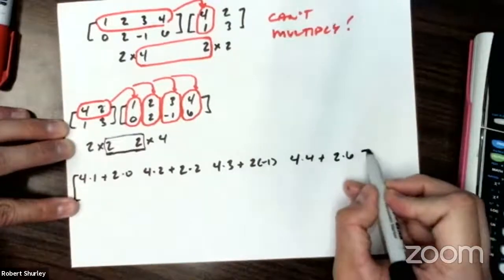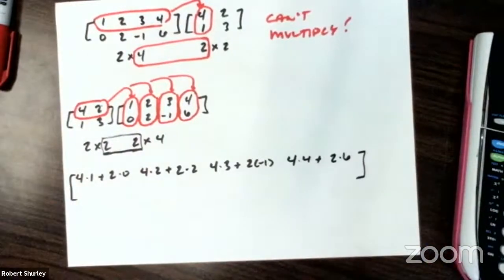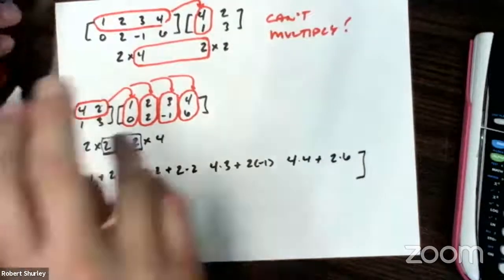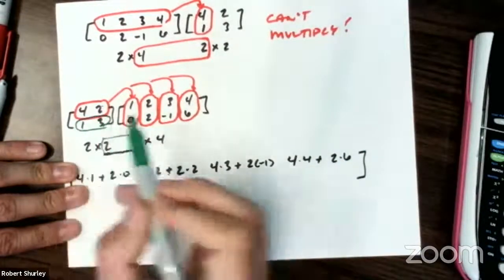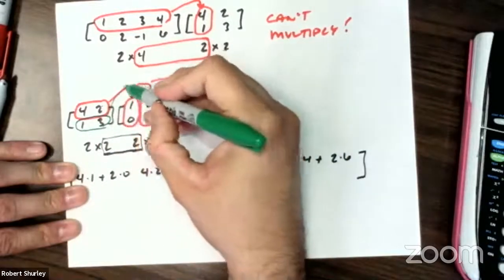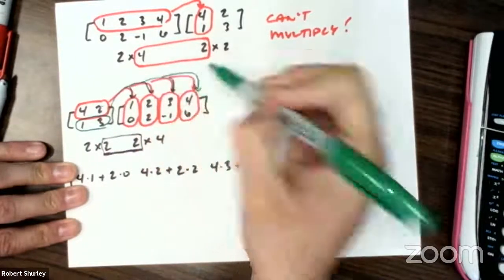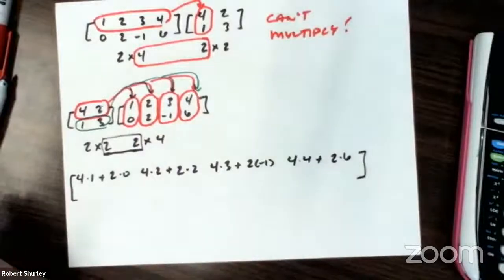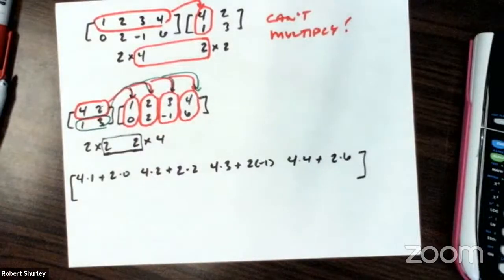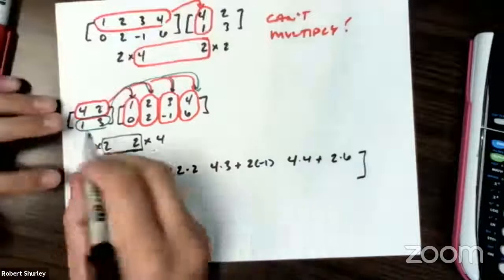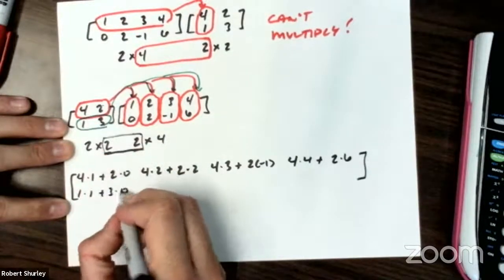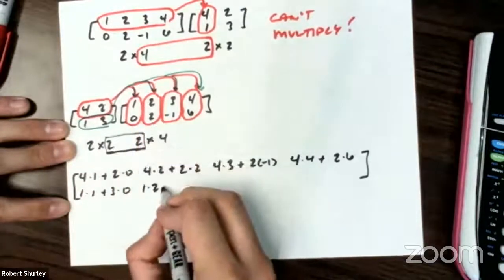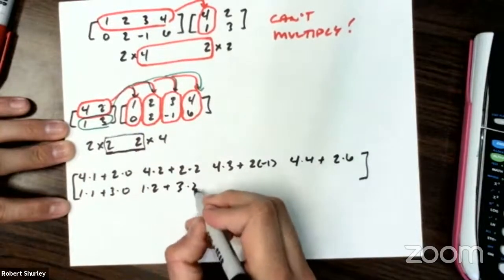And we don't have any more to go into, right? So I'm going to stop it there. So now we've got to go to the second row and do the same exact thing with those 2 numbers on the bottom row. So 1 times 1, because 1 is going to be on top of the 1, 3 is going to be on top of the 0. 1 times 2 plus 3 times 2.